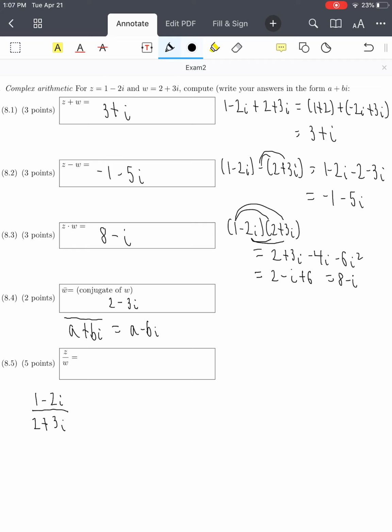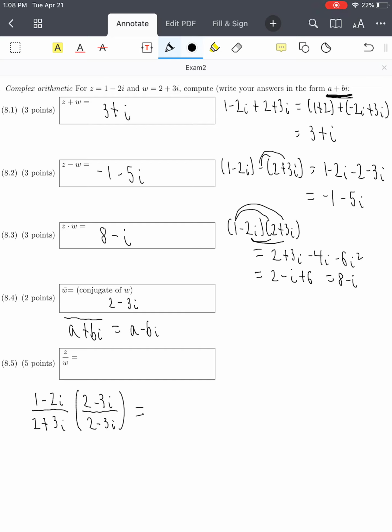We don't like having the imaginary portion in the denominator because we can't write it in the form of a plus bi that way. So we're going to multiply by the conjugate of the denominator. So we're going to multiply by 2 minus 3i over 2 minus 3i. It doesn't change the value, since we're effectively multiplying by 1, it just changes what it looks like.